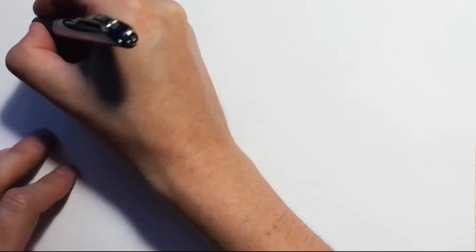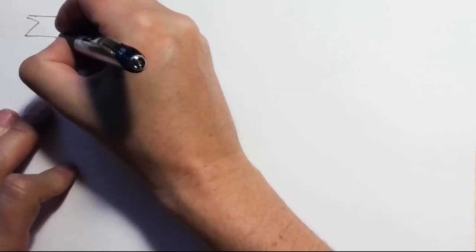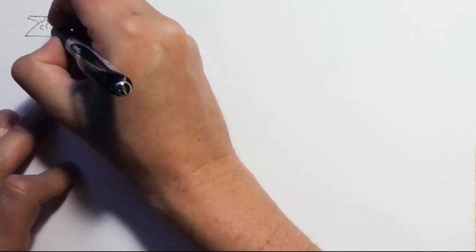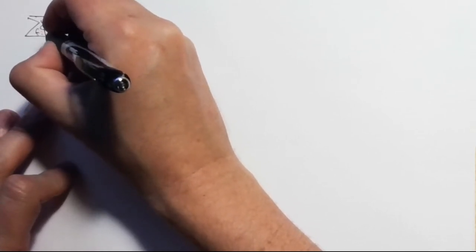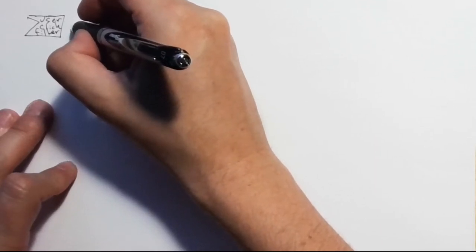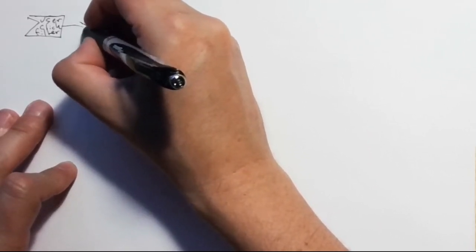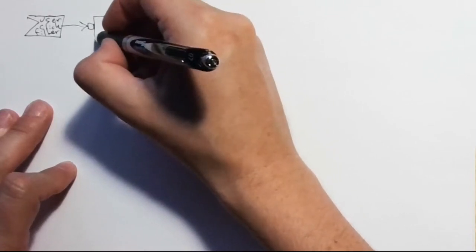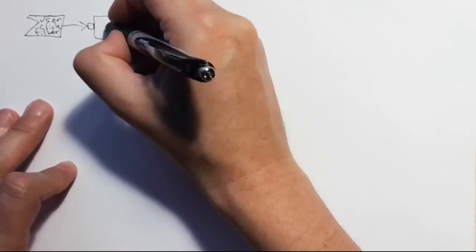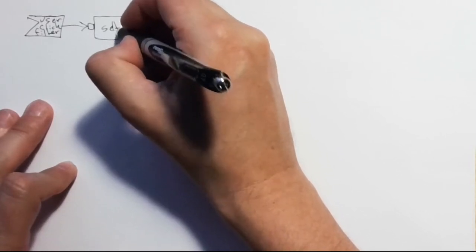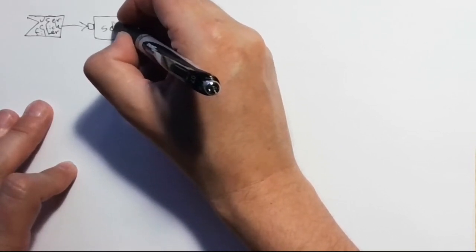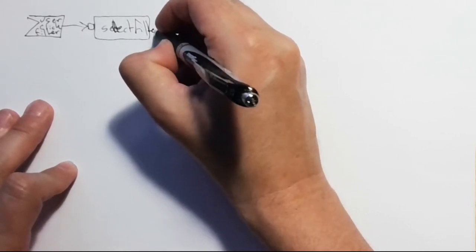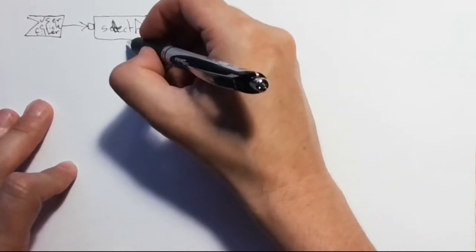I have here where the user selects a filter, the user clicks a filter, and that gives me an event that is going into my select filter function. That looks like that.